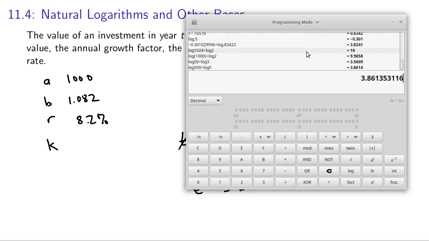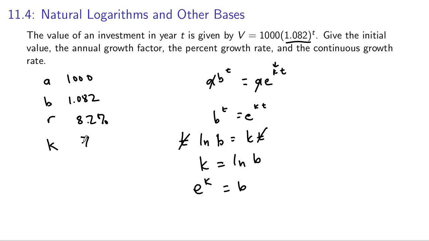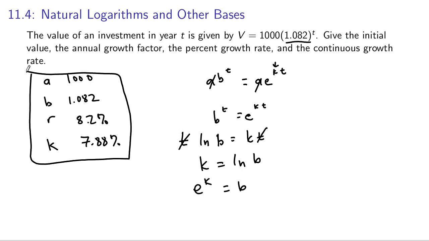That's a lot simpler than any kind of guessing and checking. So the natural logarithm of 1.082 is 0.0788, and as a percent, that's 7.88%. That's our answer.